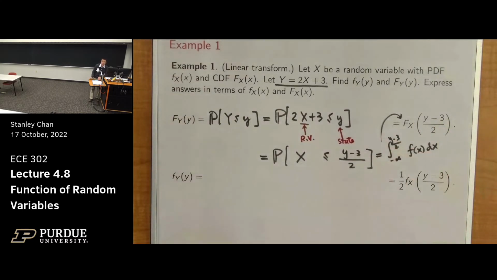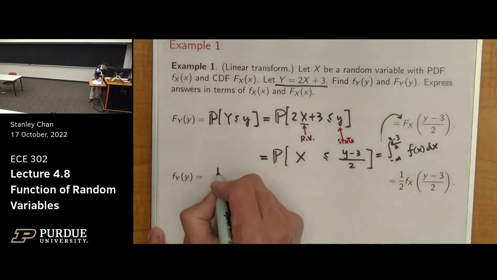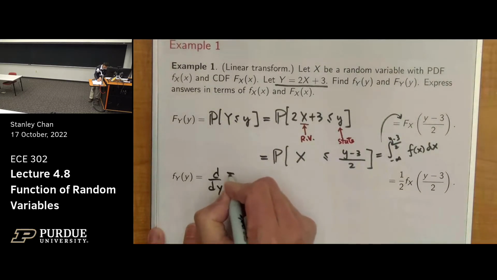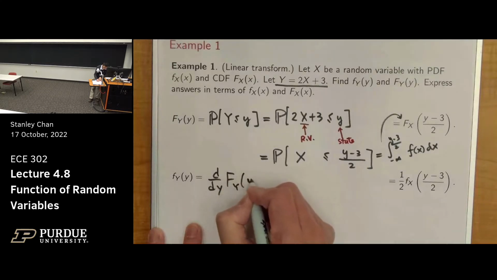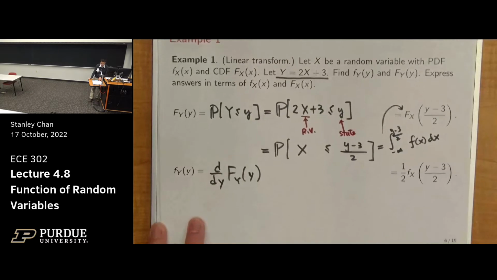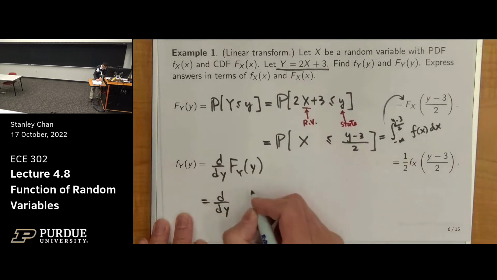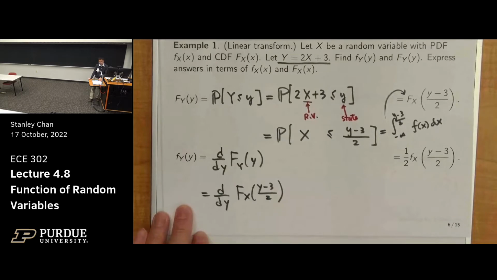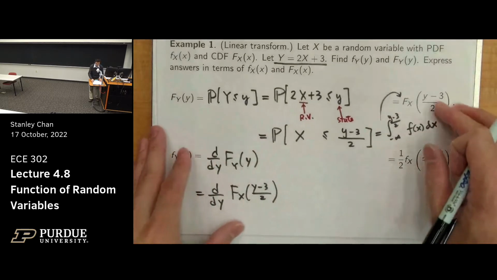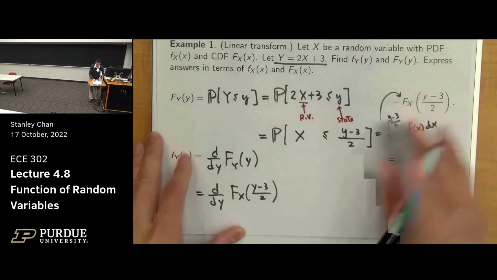So life is good. And let's see, how do we calculate the PDF? The PDF is the derivative with respect to y. So in this case, it will be d/dy of your F_X of (y minus 3) divided by 2. I'm just copying and pasting this CDF here.